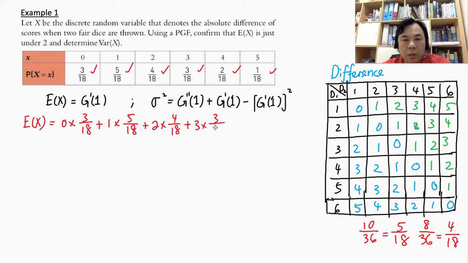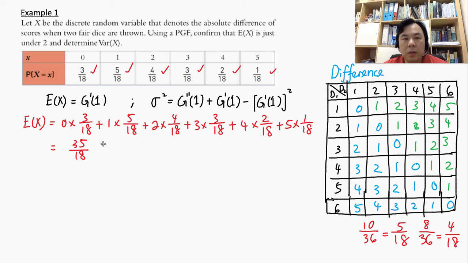All right, let's see what we have. 4 times 2 over 18, and lastly we have 5 times 1 over 18. That would yield 35 over 18.